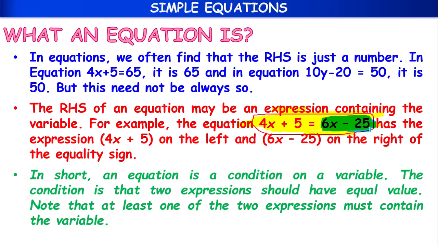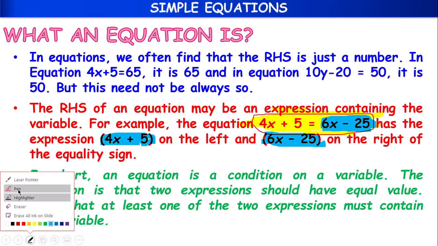This RHS part is not a number. On the left hand side we have 4x plus 5, which has a variable. On the right hand side we have 6x minus 25, which also has a variable. On both sides of the equality sign we have expressions containing variables.